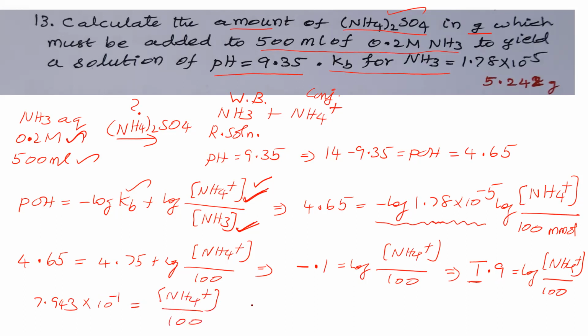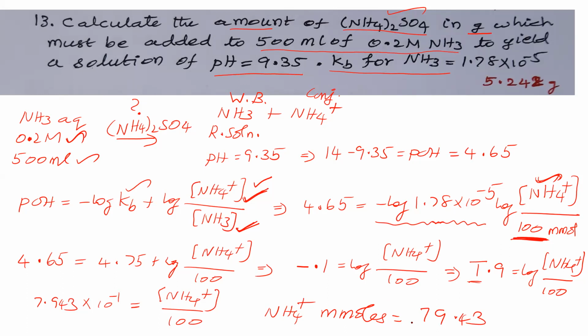Now we can get the ammonium ion millimoles, which is 79.43. Don't say concentration of ammonium ion. Why millimoles? Because we substituted millimoles of ammonia, so here we get millimoles of ammonium ion only.